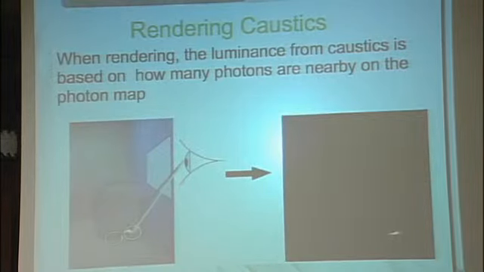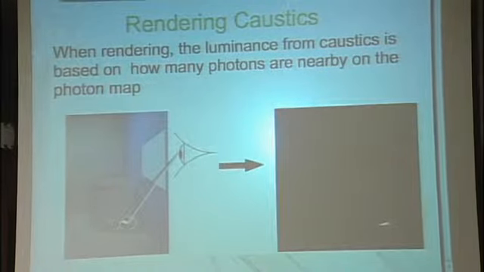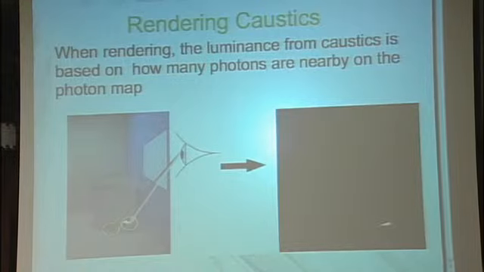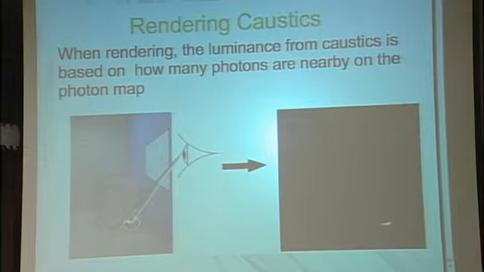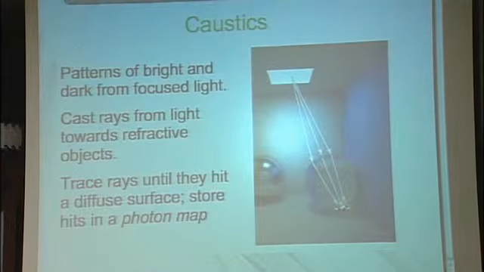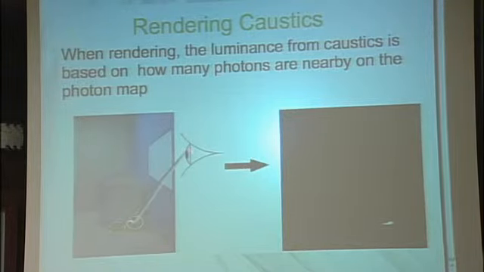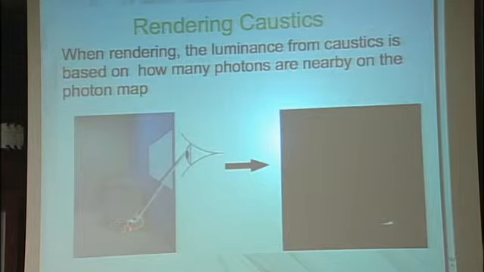And then caustics are rendered pretty simply because there's much fewer photons than in the photon map for global illumination. You don't need to use an irradiance cache. So you simply trace a ray to a point and then sample the number of photons nearby.